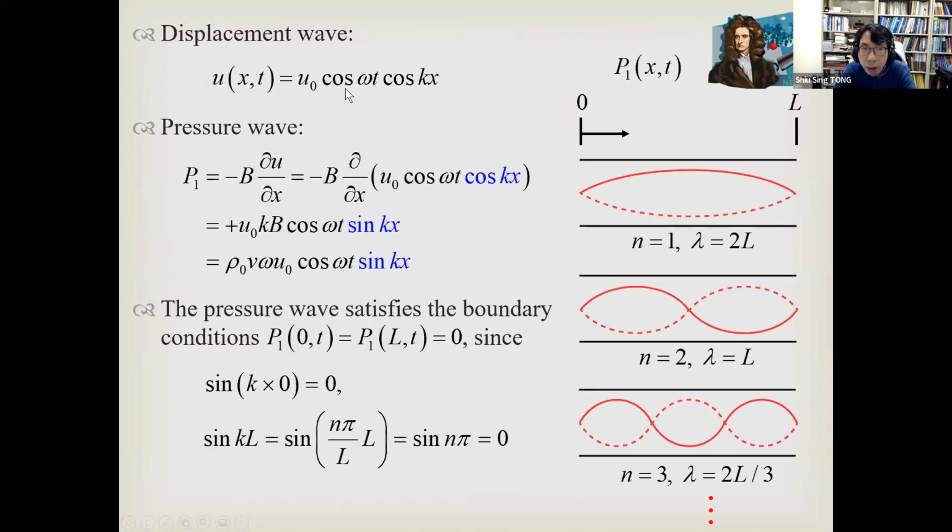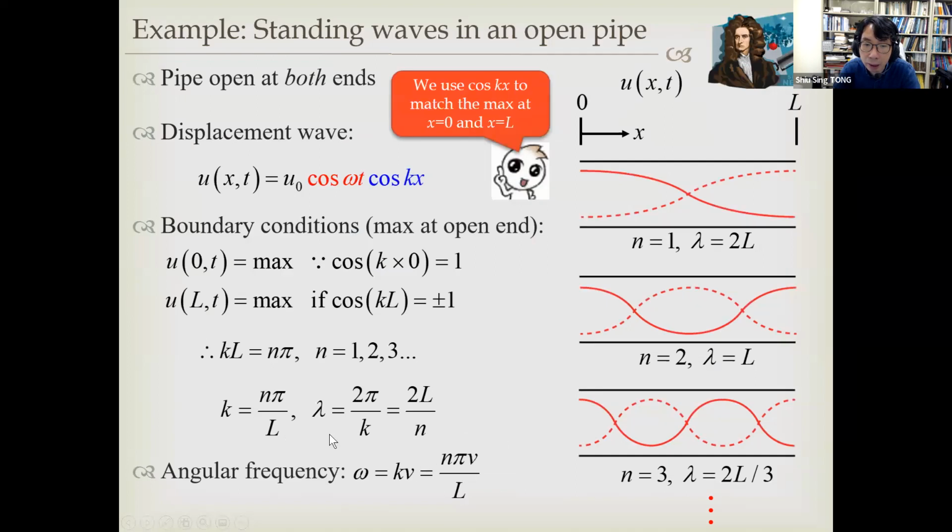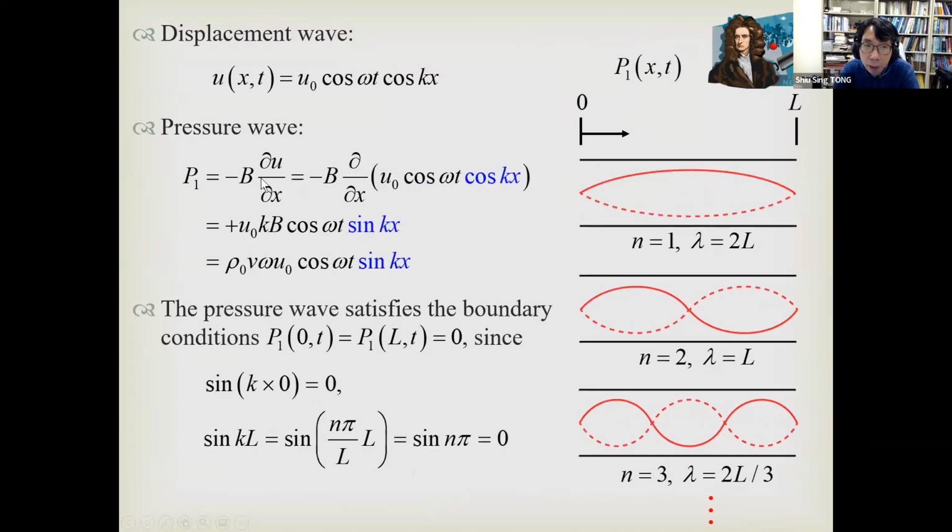Now, we also have to find the pressure wave. We have the displacement wave with omega and k given by these two expressions, but we still have to find the change in pressure along the tube. We have a formula for that. The formula is that the pressure wave P1 is equal to minus B, the partial derivative of U with respect to x, right? We have derived it at the beginning of our discussion on sound.